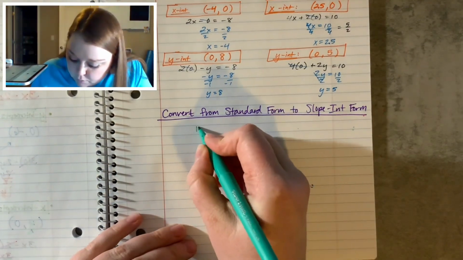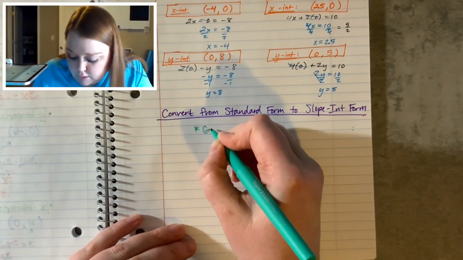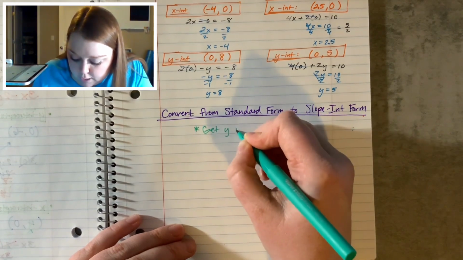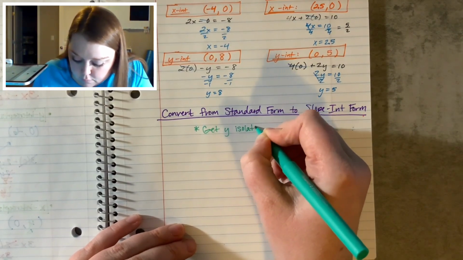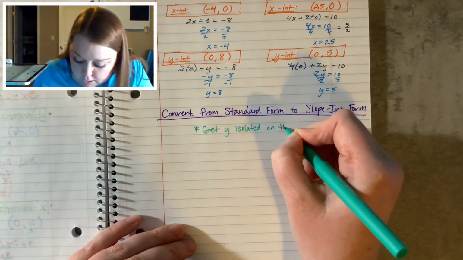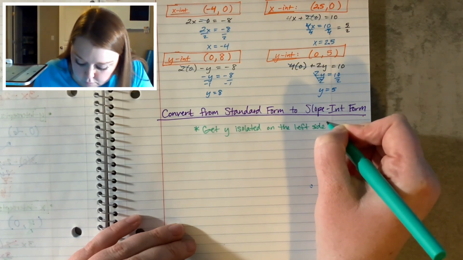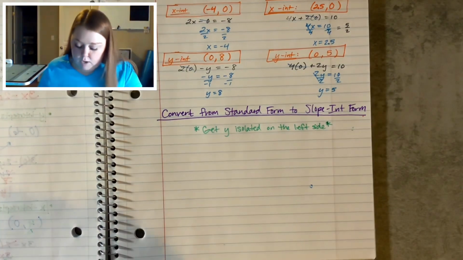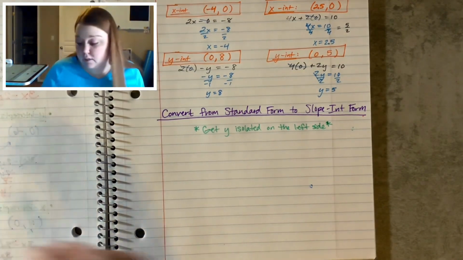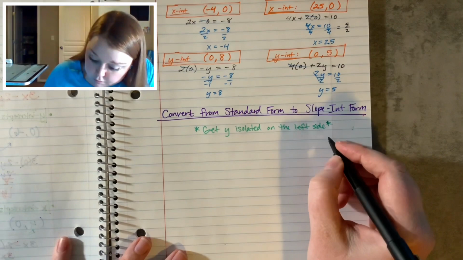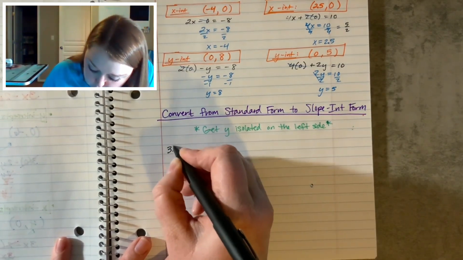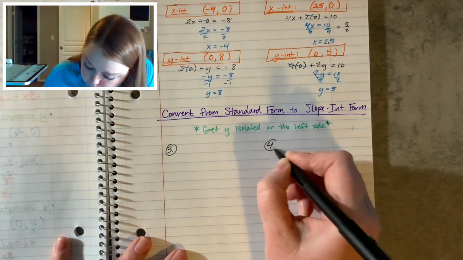The note I want you to write to yourself here is get y isolated on the left side. That is your overall goal here. We'll call this 3 and 4.